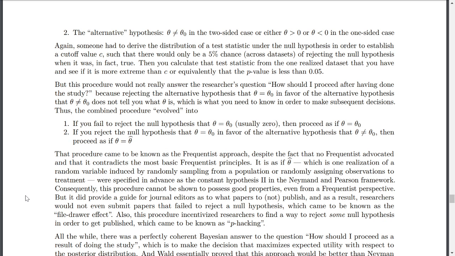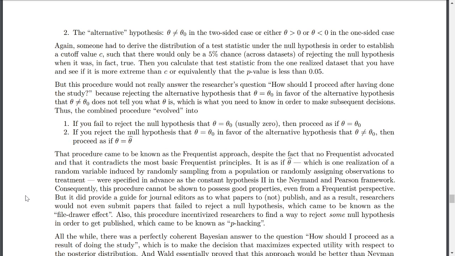And so this procedure that got codified in the journals doesn't have any good frequentist properties. And no one really advocated it, but it provided a guide for journal editors as to what papers to publish.